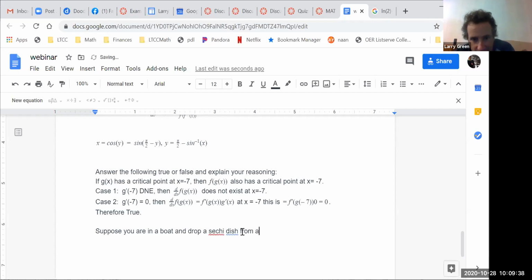From a horizontal pole that is 2 meters long. And the dish sinks into the water at a rate of, how about, 0.3 meters per second.